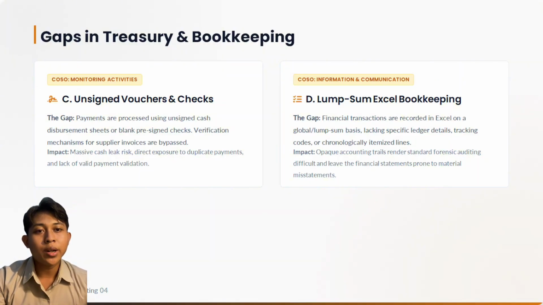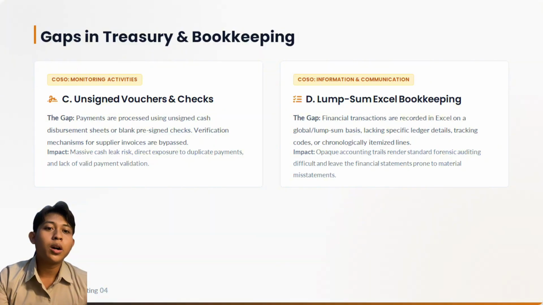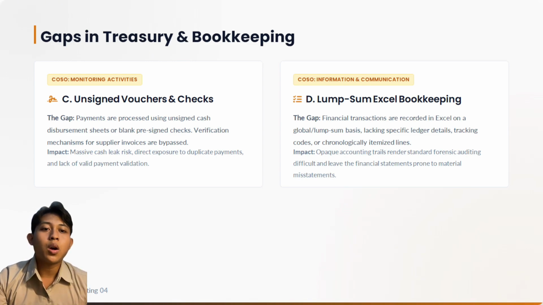This weakness relates to the COSO component of information and communication, where the quality of financial information flowing to management is extremely poor. As a result of this condition, the accuracy of the financial statements is highly questionable.